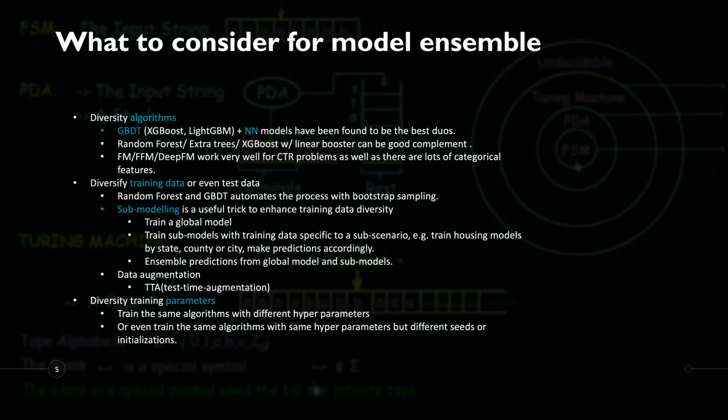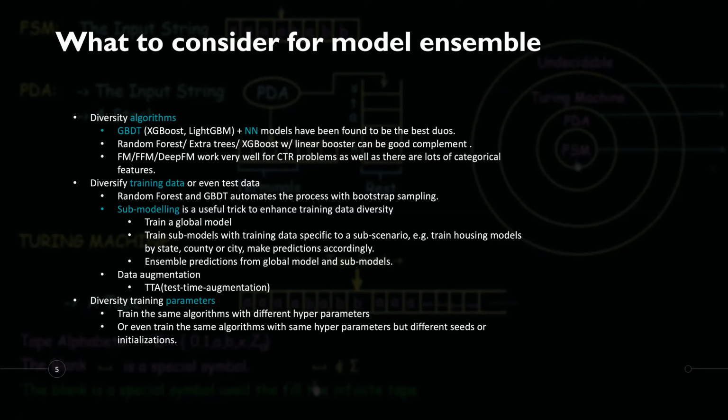The way they train the model is exactly what we discussed. They train several state models, and even county models, and average the predictions along with the global model to get a better prediction. This is how they ensemble the different models. This is called submodeling.